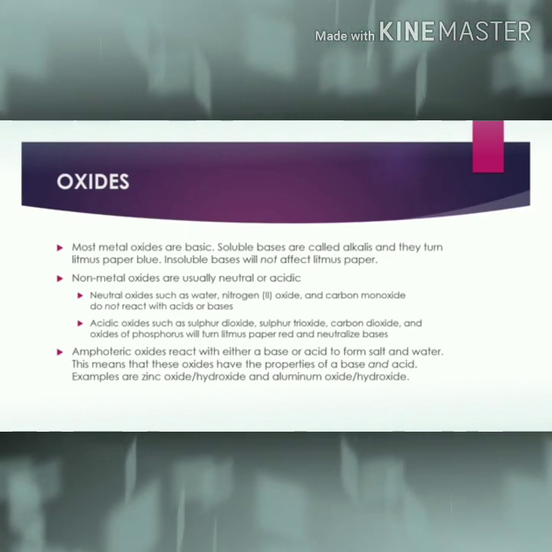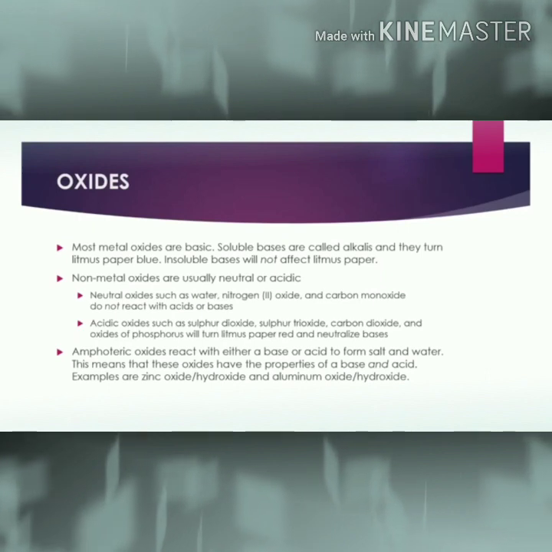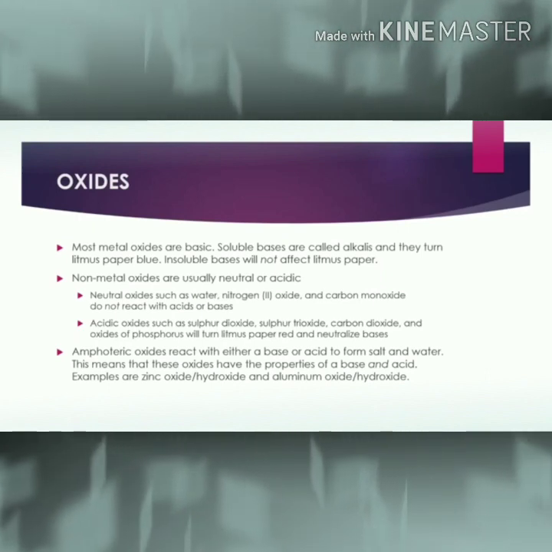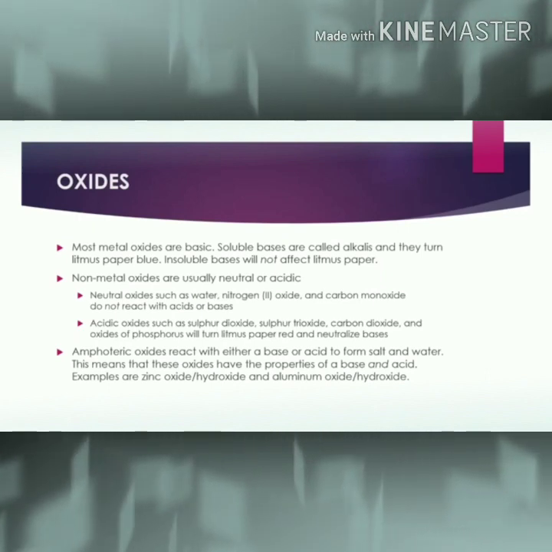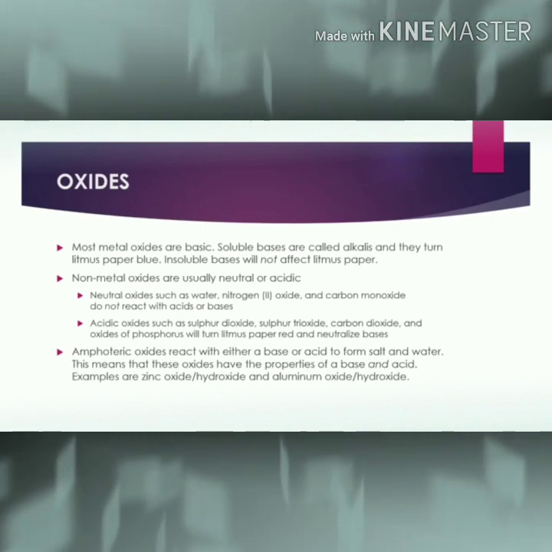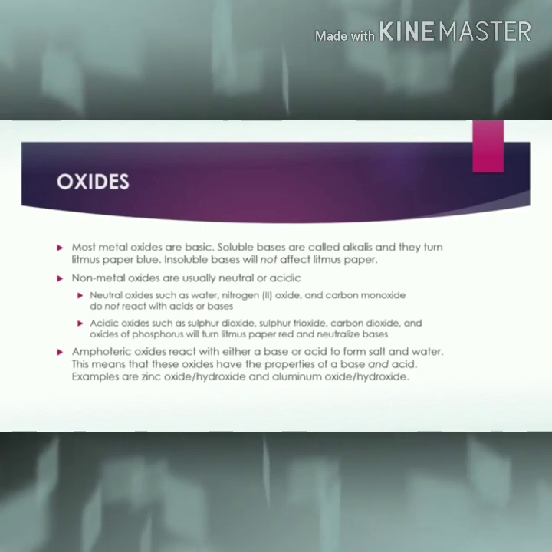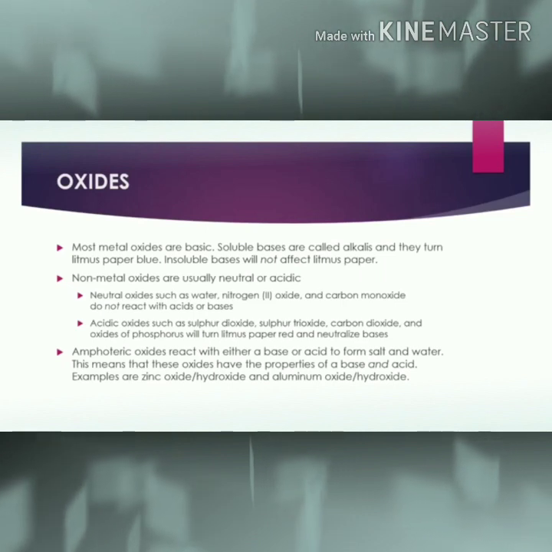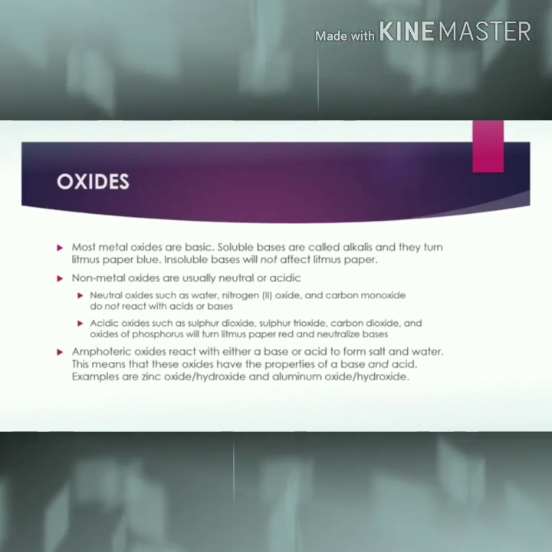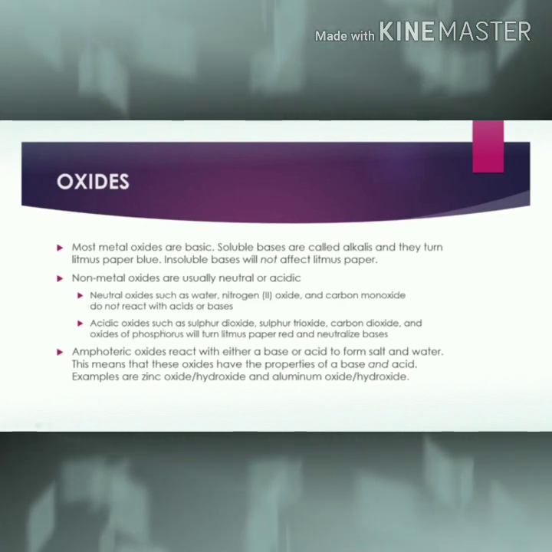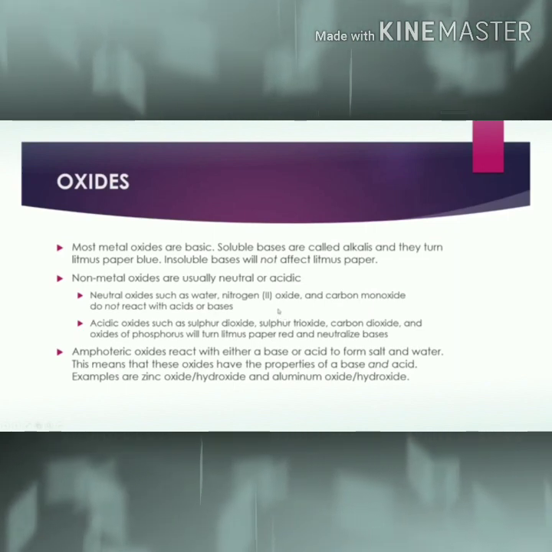So now come to oxides. Most metal oxides are basic. Soluble bases are called alkalis and they turn litmus paper blue. Insoluble bases will not affect the litmus paper. Non-metal oxides are usually neutral or acidic.